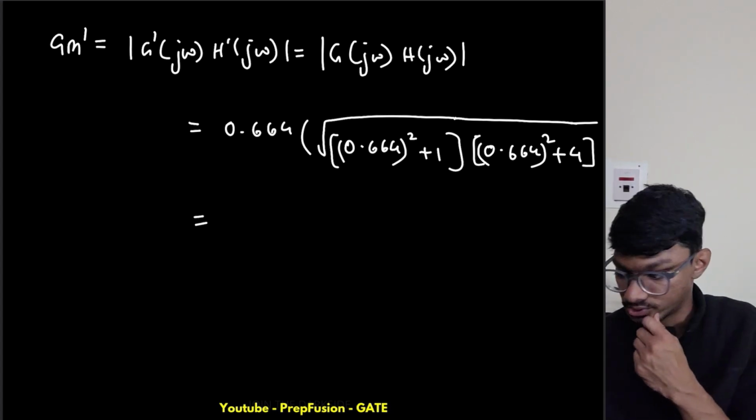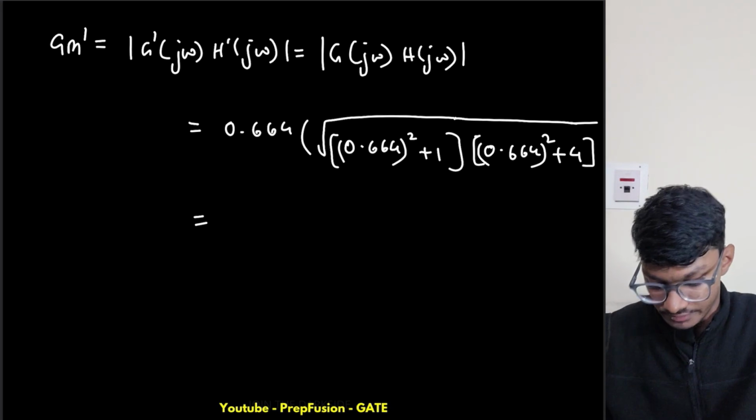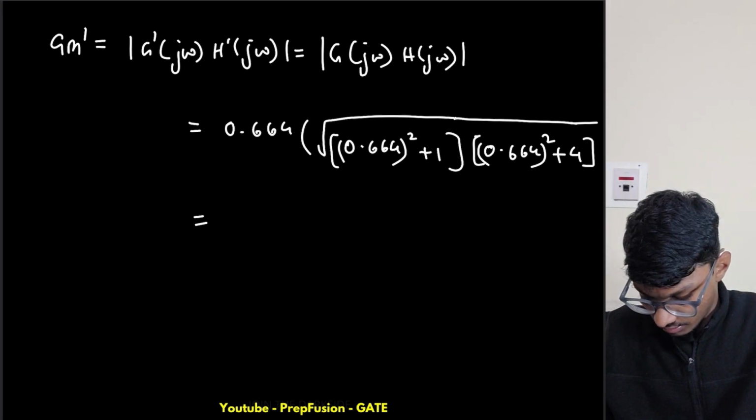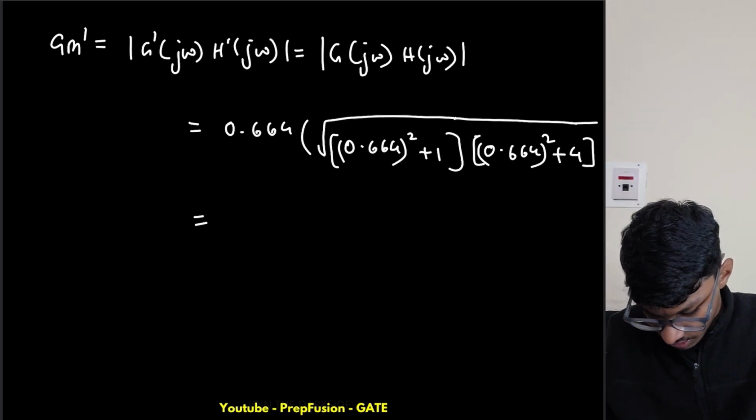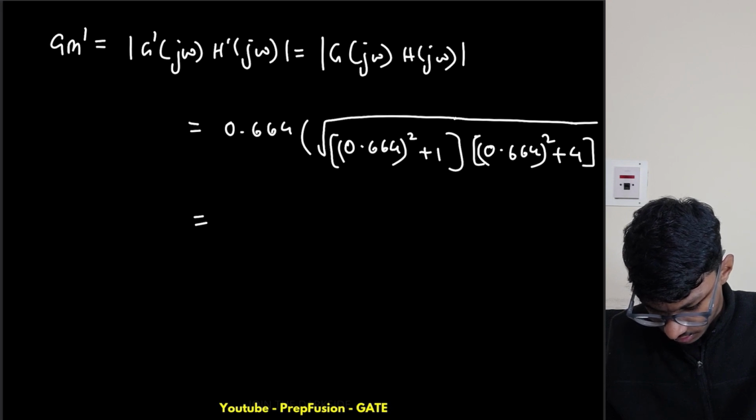So let me use the calculator and calculate this value. Obviously we can see the gain margin will reduce. So it is 0.664 whole square plus 1, times 0.664 whole square plus 4, under root, into 0.664.